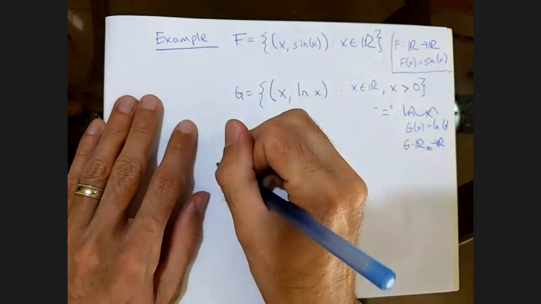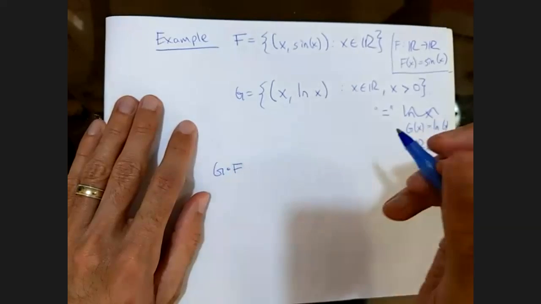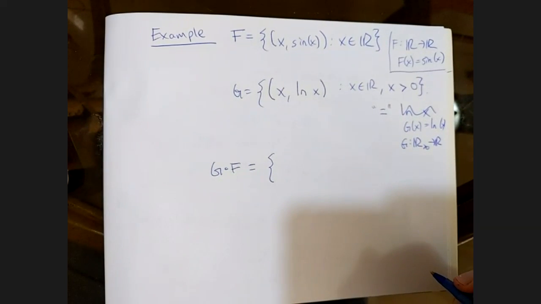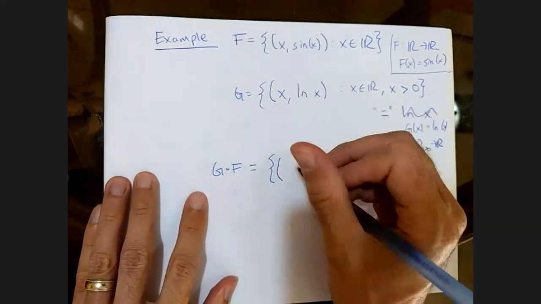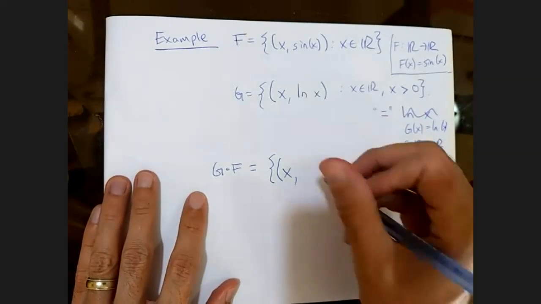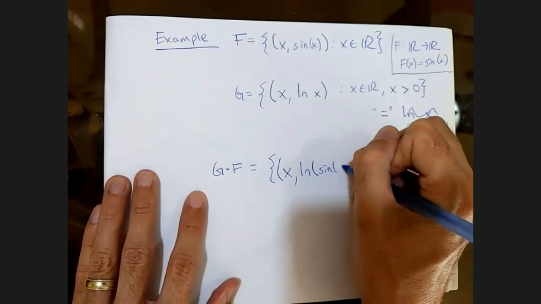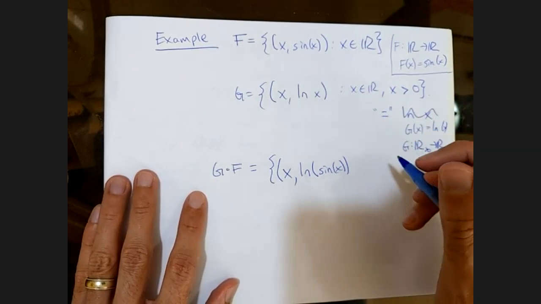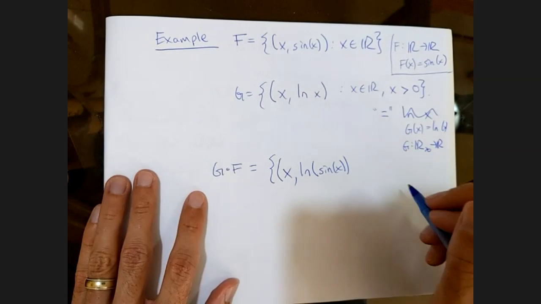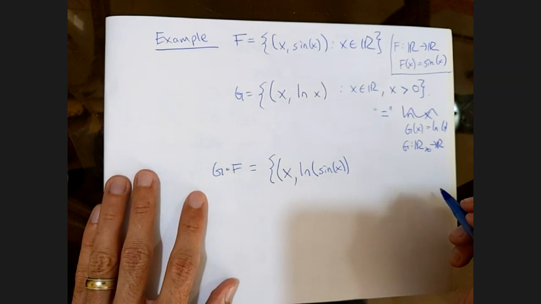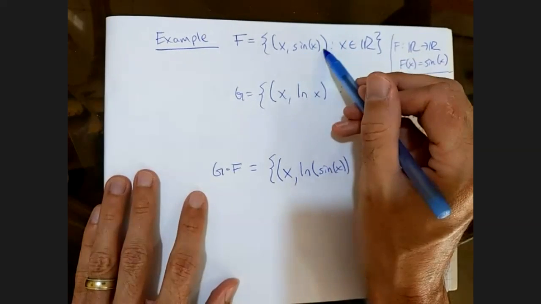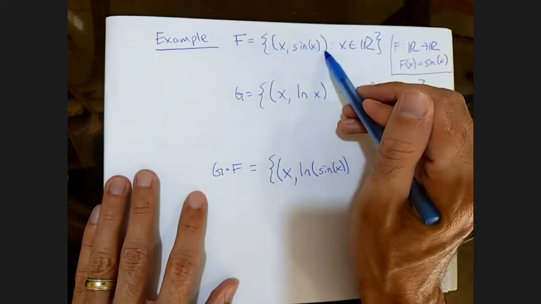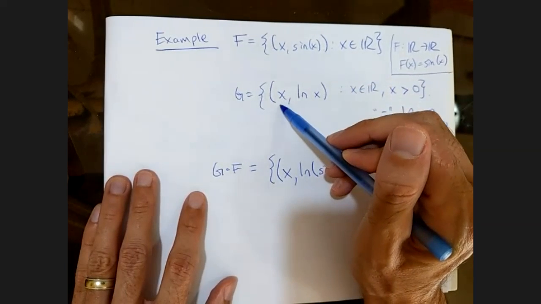And now the proposition says that g of f is a function. And what is g of f? It's a set of ordered pairs x, natural logarithm of sine of x, when there's some value y, which occurs as the second coordinate in f and simultaneously as the first coordinate in g.